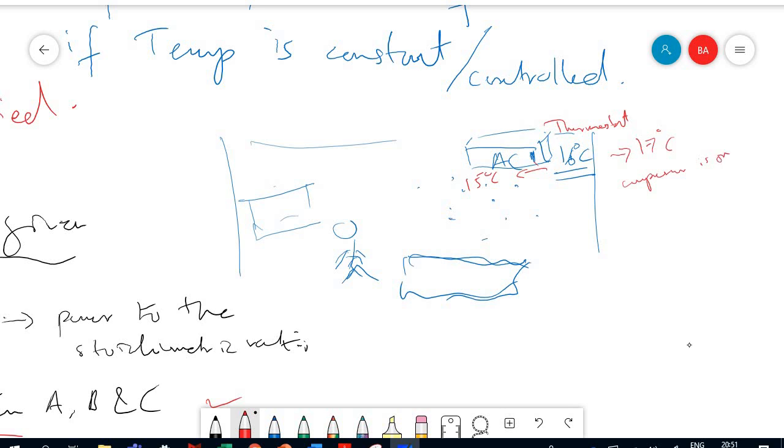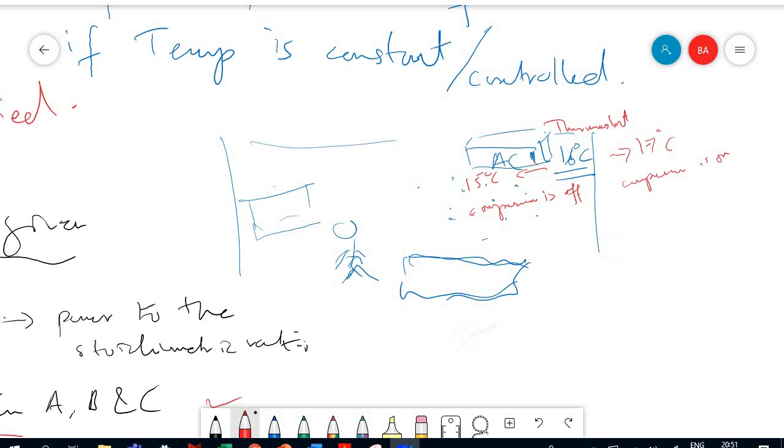And when it goes to 15 degrees, which means colder, the compressor is off so that it stops cooling. And then we go back to 16 degrees. So this is like controlled. The temperature is always around 16.